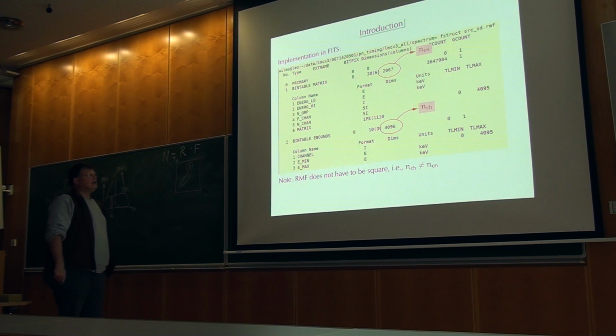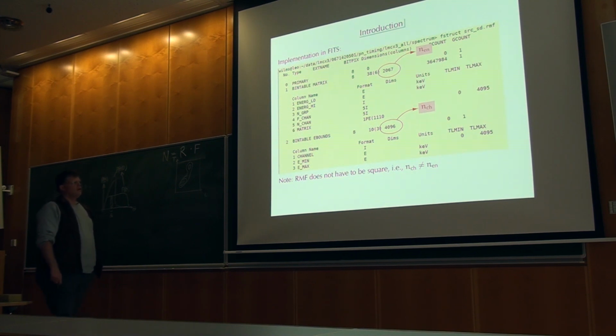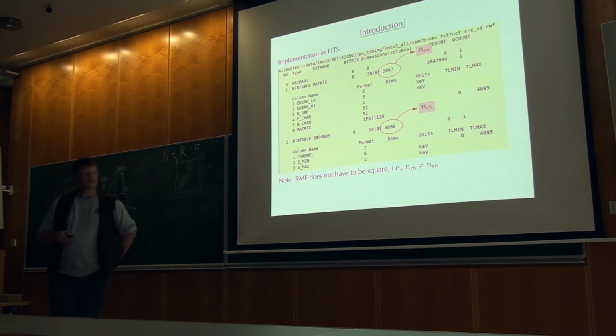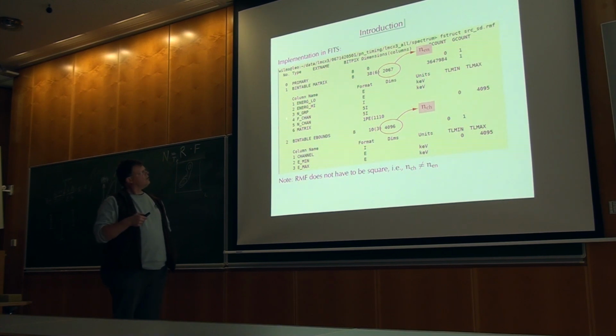But first, let's look at how response matrices are really implemented. If you look at the structure of a response matrix, so this thing here, you will find they consist of 2 parts. One is called the matrix, and the other part is the E-bounds. The matrix here is really the response matrix.